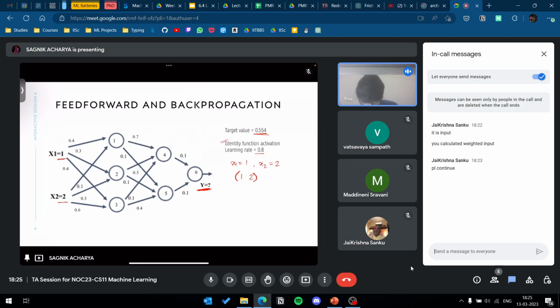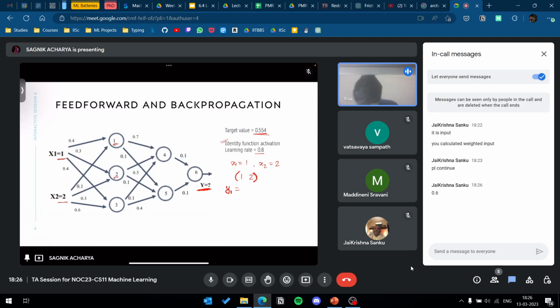I'm assuming bias and all is 0. So my input is 1, 2. What will be the output of the first neuron? Let me call it y1. I'll denote the final output with a capital Y. So y1 is the output of this neuron; this is neuron 1, this is neuron 2, and that is how we'll call them.